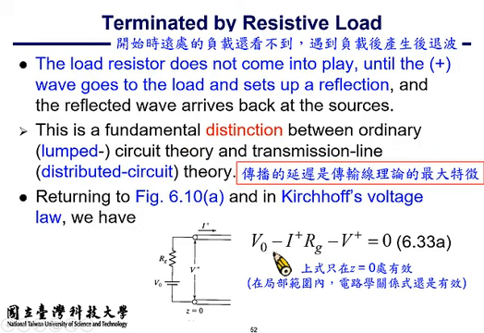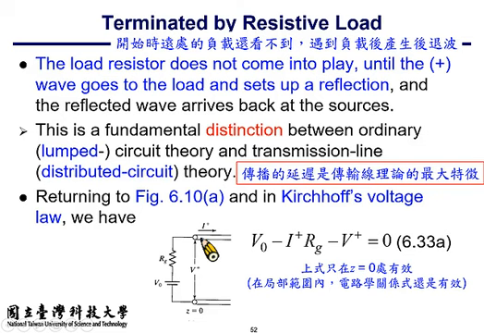That is V0 minus I plus times Rg, the internal resistance of the generator, minus V plus equals 0. This is a KVL equation, based on the Kirchhoff voltage law, that the overall voltage drop on this loop is 0.